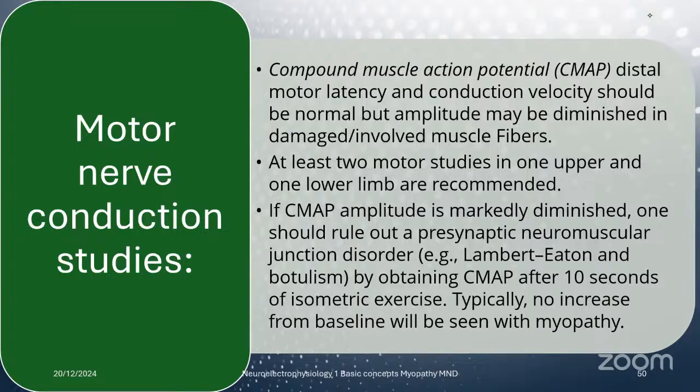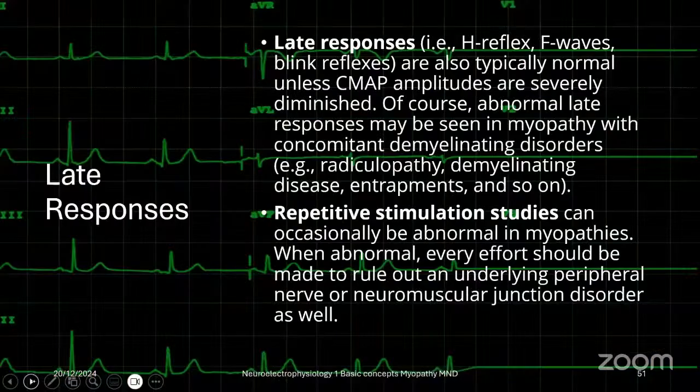Compound muscle action potentials and distal motor latency, we have already seen this. Late responses like H reflex, F waves, and blink reflexes are also typically normal in myopathies unless CMAP amplitudes are severely diminished. So whenever a wasted muscle is there, don't think that you get a good F wave; the F wave will not be there.